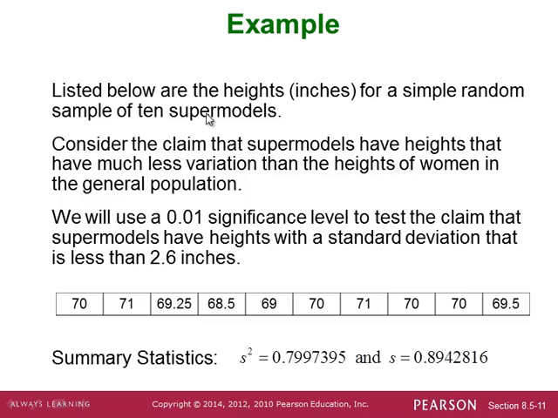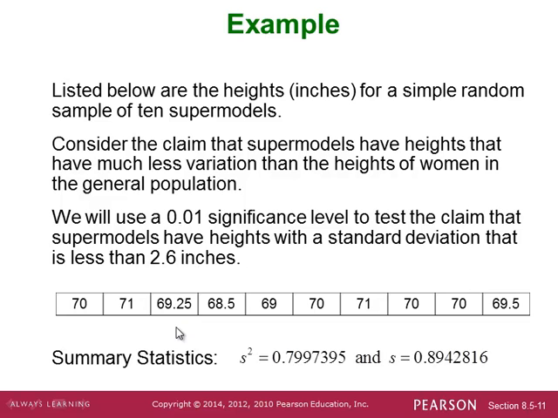We're going to be using an alpha level of 0.01 in this instance. Okay, no problem. And we're going to test the claim that supermodels have heights with a standard deviation that is less than 2.6, because 2.6 inches is the standard deviation for the heights of women in general.